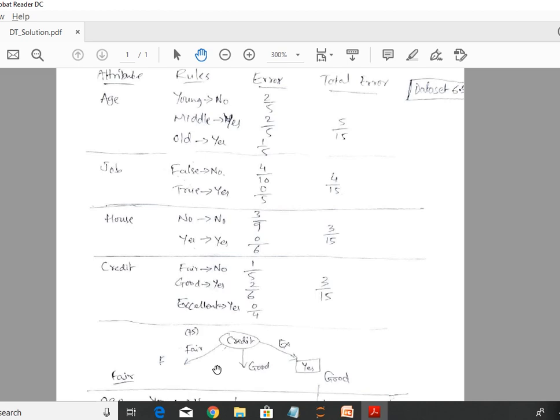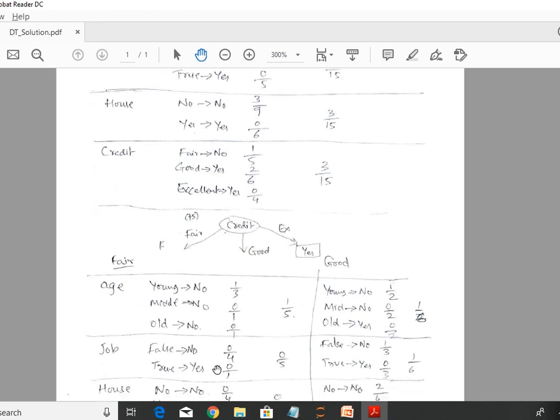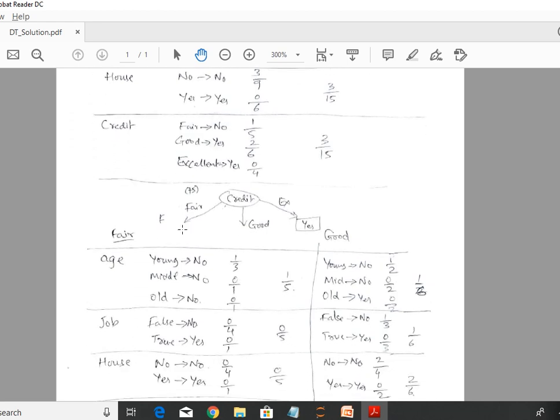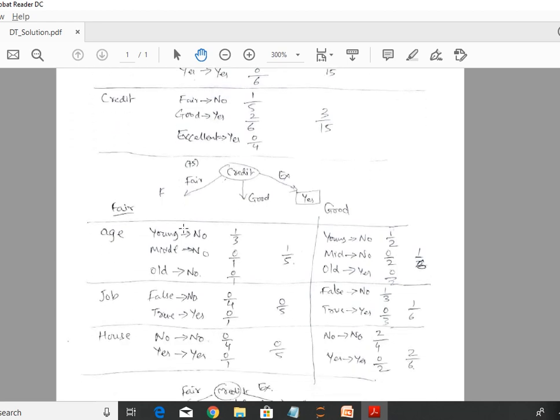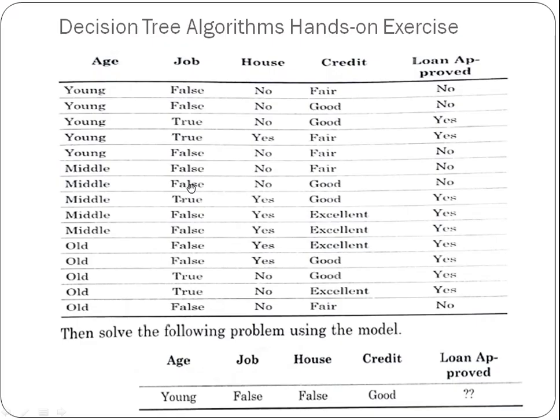Now the next step here is we are going to assign a subset of the data. Okay, so in the subset of the data, for this particular branch, I will assign all the data, that is, for age, job, house, where the credit is fair. What is the meaning of that? I will take you back here. So for credit, you can see the record is fair, 1, 2, 3, 4, and the last one is 5.